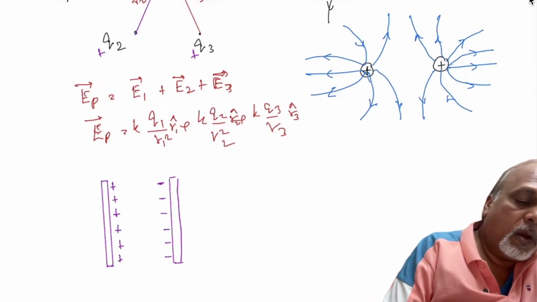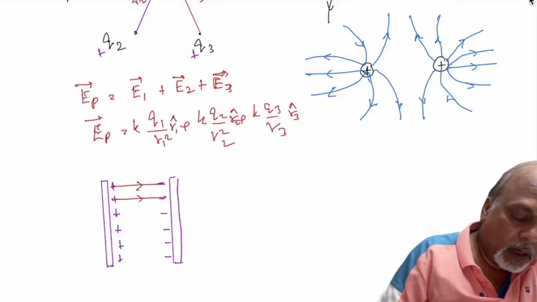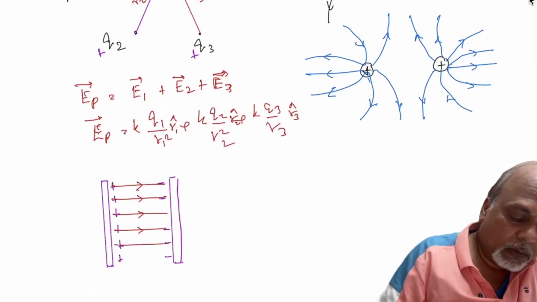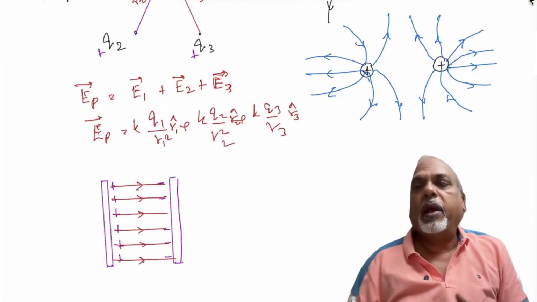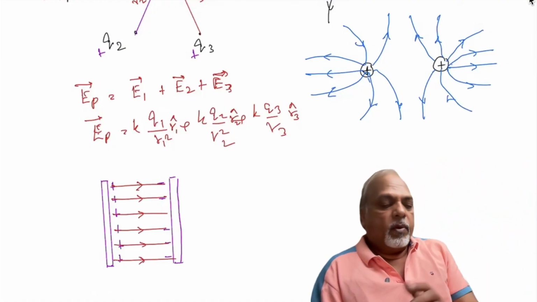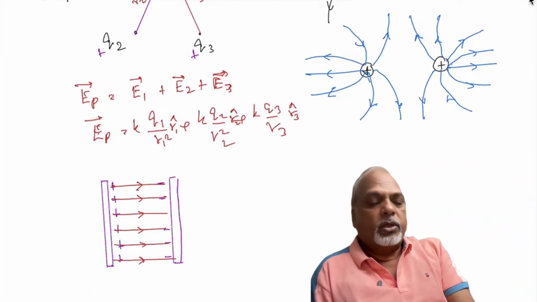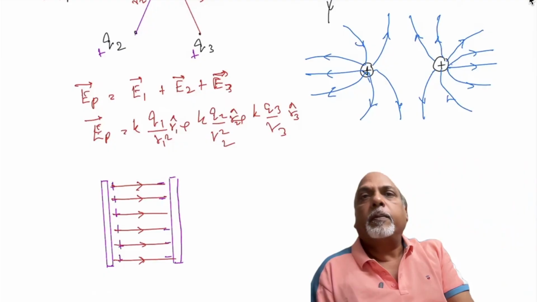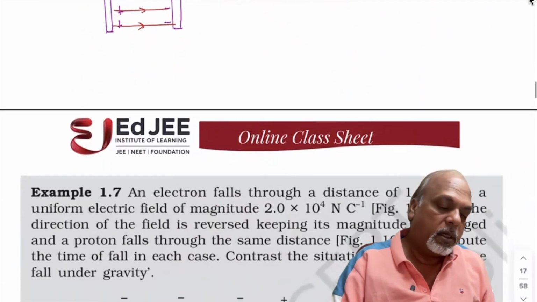Then how will the electric field lines be? Electric field lines will be starting from positive charge. So this is the idea. Generally, electric field lines go away from the positive charge and stop at negative charge. Correct?